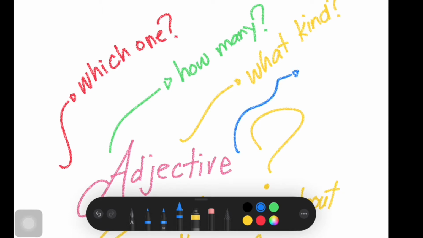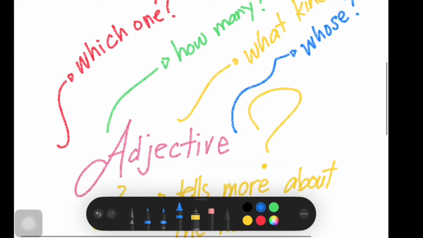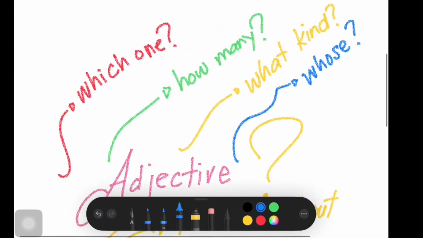So when you say whose, that means kanino. So, how many, which one, what kind, whose. Okay? So you have to understand that it answers those questions.